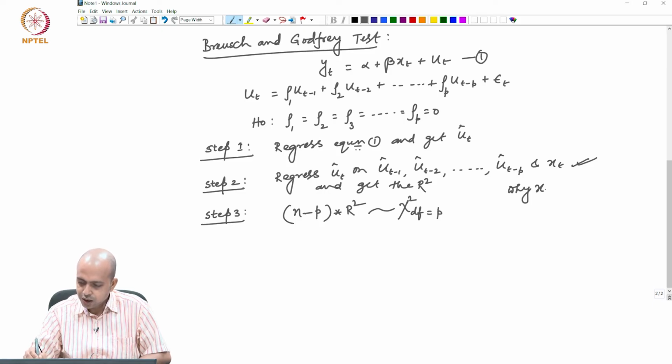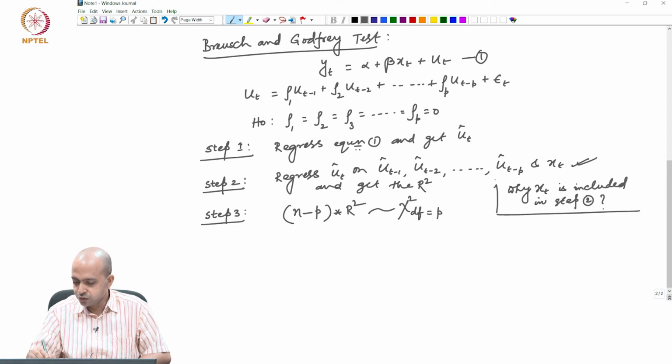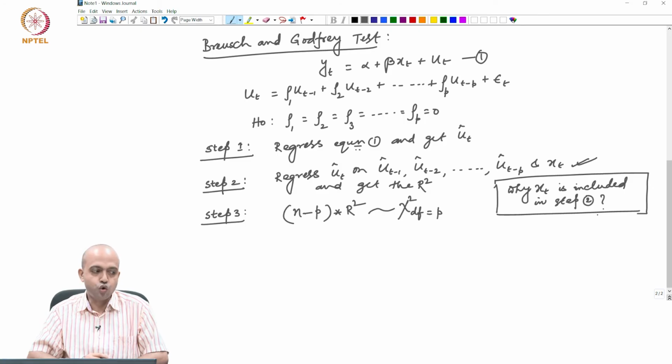Why is xt included in step 2 when my objective is to check only autocorrelation? This is your question for thinking.